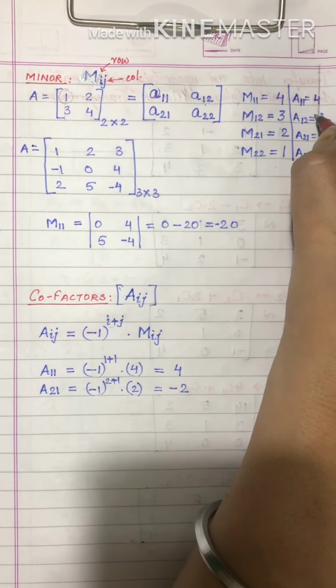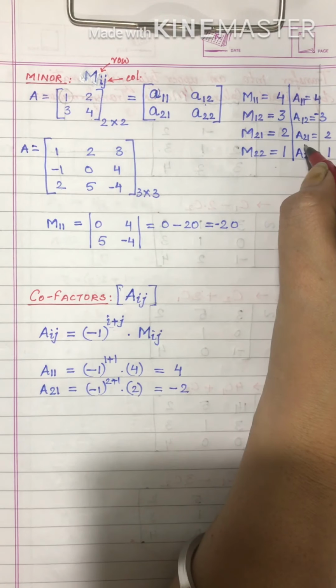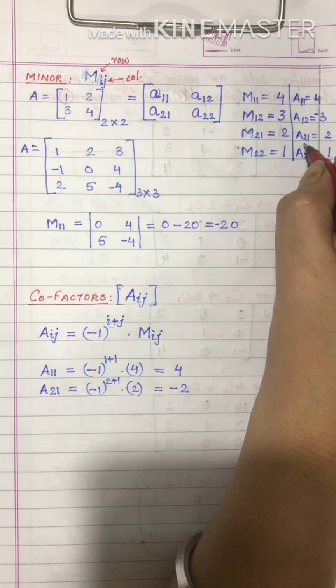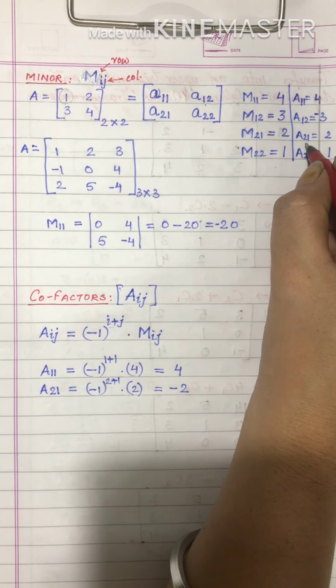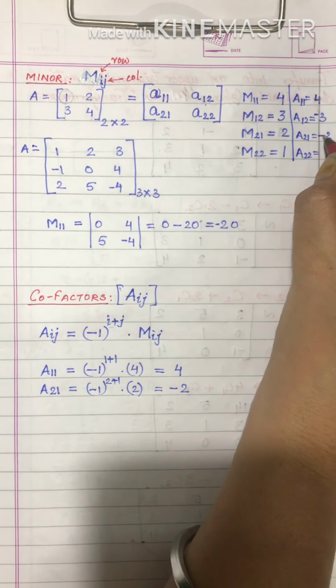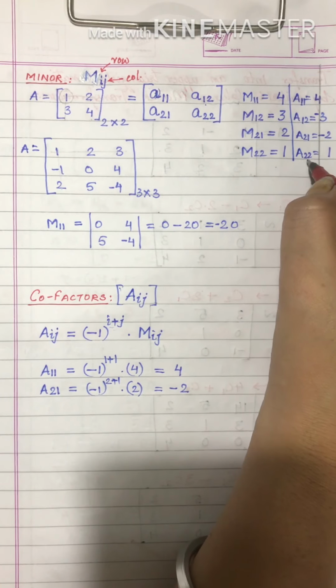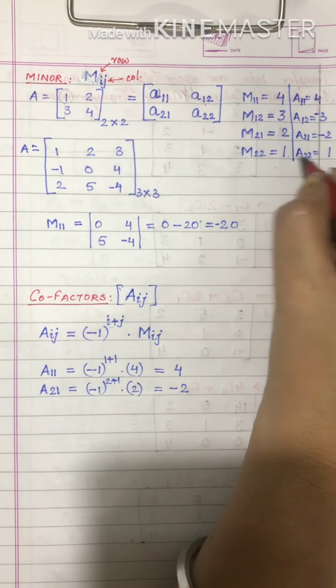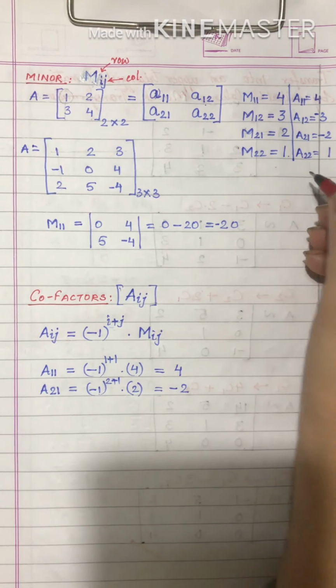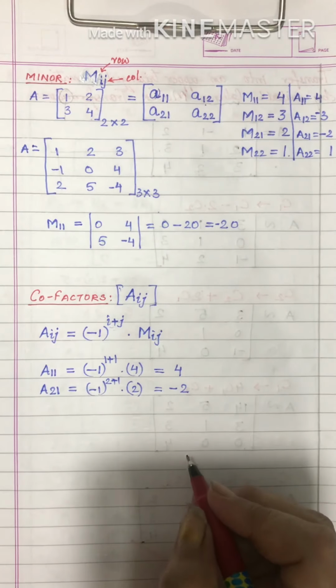So here you will get minus 3. Then A21, 2 plus 1 is 3, odd number, minus 1 raised to 3 will give you minus 1. So here we will get the answer minus 2. 2 plus 2, 4, even number, same answer you will get as 1. Okay, this is how we find cofactors.